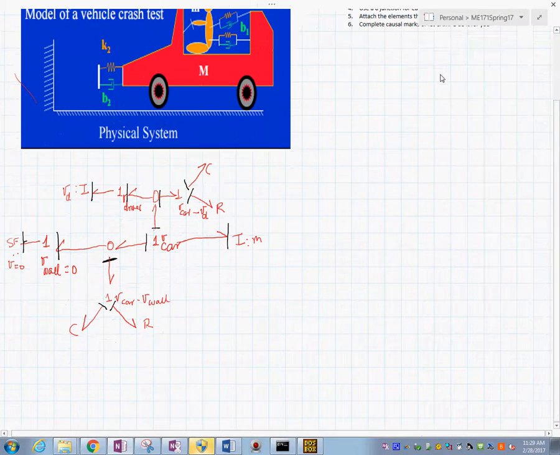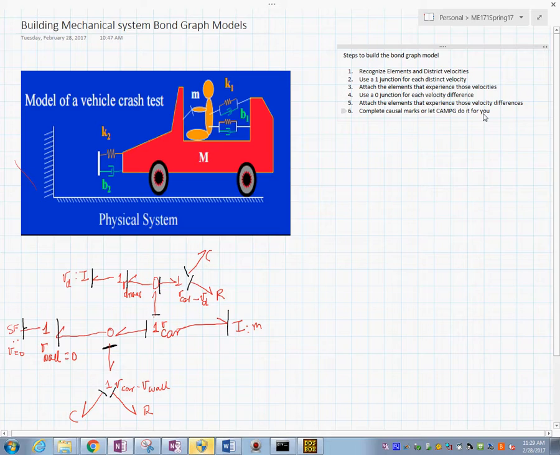Okay, the steps were recognize what the elements are, then use a 1 junction to draw each distinct element, use a 0 junction for representing the velocity differences, and then complete the causal marks.